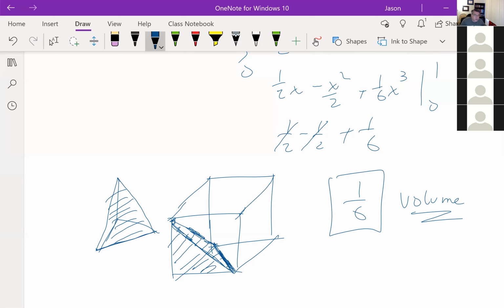Take your little Rubik's Cube and you could slice it up in such a way that you would get six equal tetrahedra in there. Cool? Good stuff.